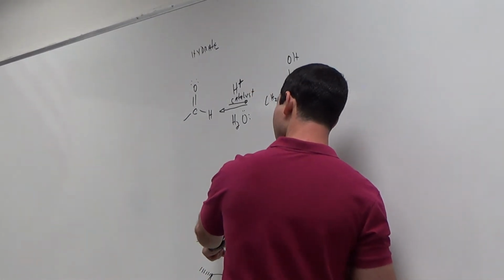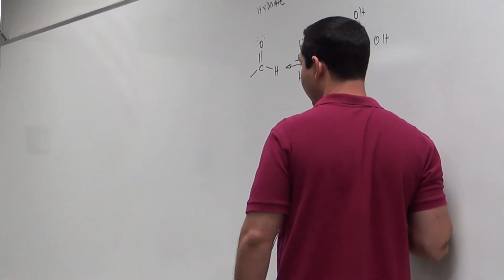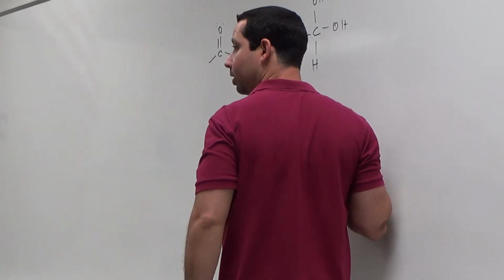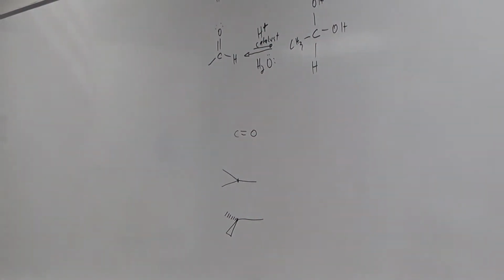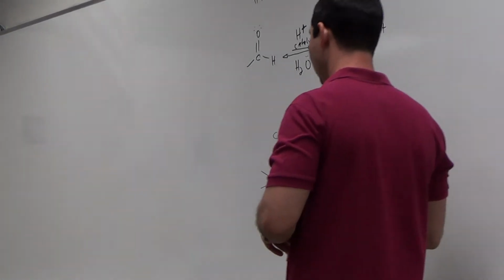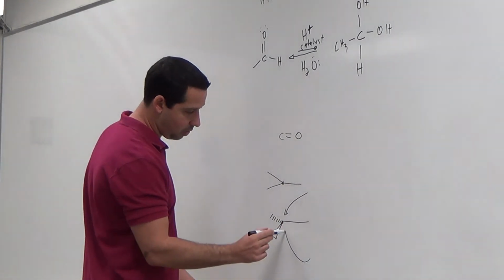When it has three of them, that's called trigonal planar, yes? This is sp2, this is trigonal planar. What does that mean? That has a top and it has a bottom, yes? Okay, so the attack can occur either from here or from here.